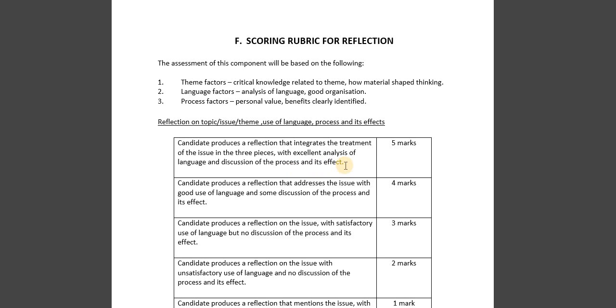So based on the rubric, we realize that one, reflection, and the treatment of the issue in the three pieces. So in the reflection, you're going to have the issues of the three pieces coming out, and they're looking for theme factors, so critical knowledge related to the theme, how material shapes thinking, so that must be in the reflection.